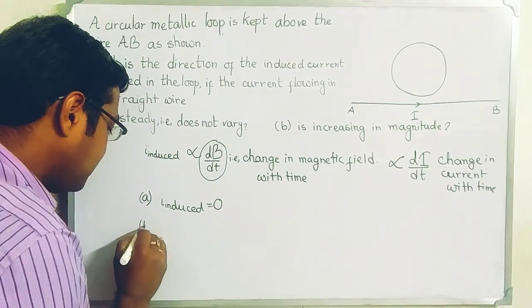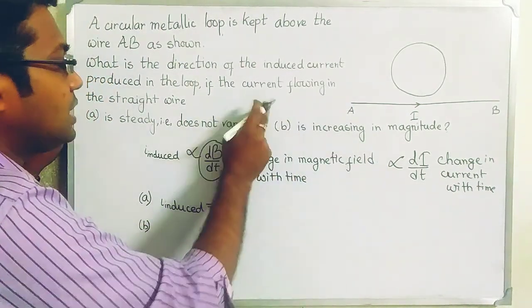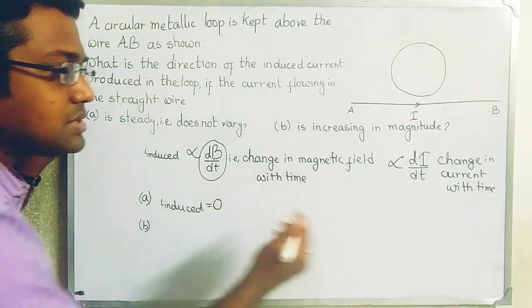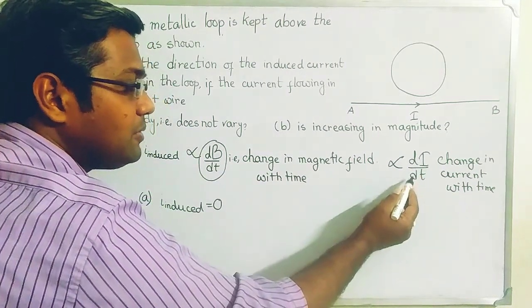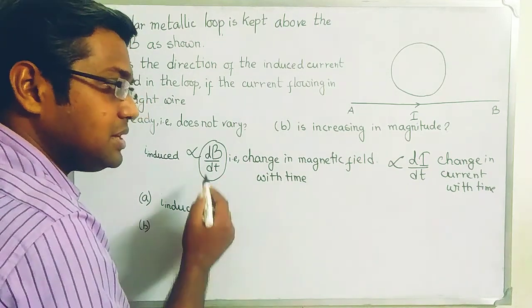Next is B. The current flowing through this straight wire is increasing in magnitude. That means the value of I is changing with time. If I changes with time, then the magnetic field will change with time.